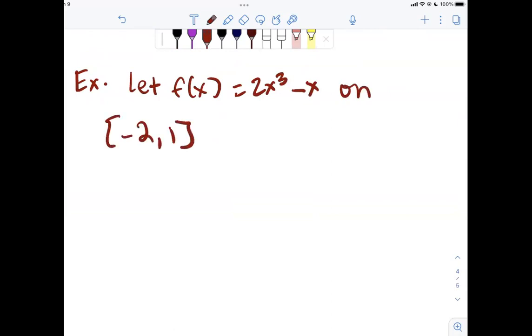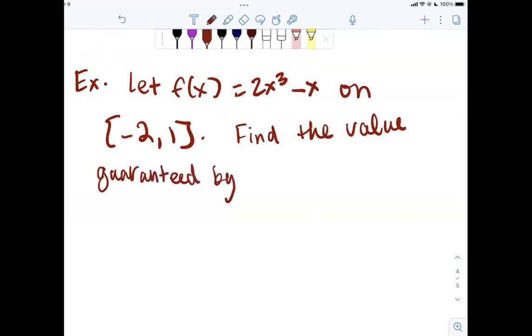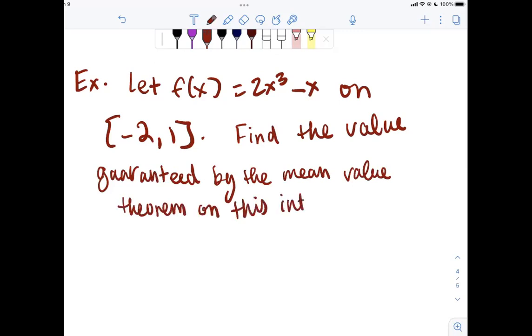Find the value guaranteed by the mean value theorem on this interval. Again, I'll just pause for a few moments and then get the answer.